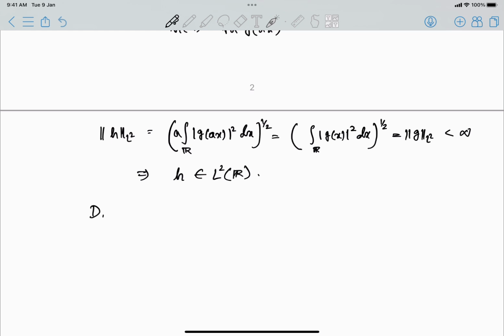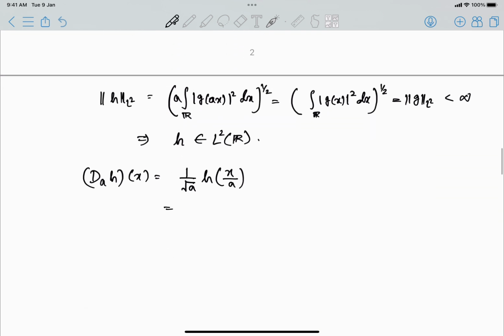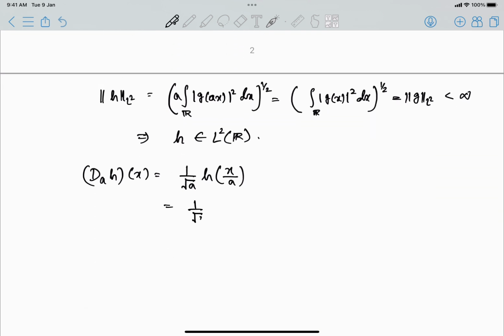Now calculate what is dA of h of x. So dA is by definition 1 by square root of a times h of x by a, right? And what is h? h is this: 1 by square root a into square root a g of a times x by a.